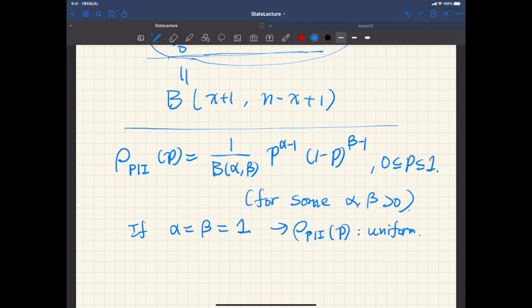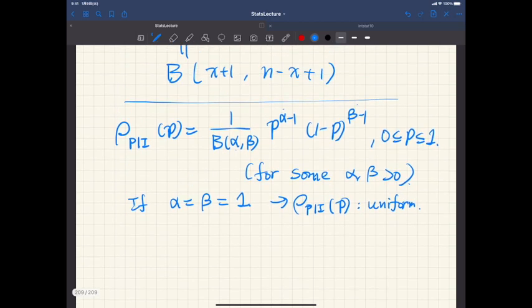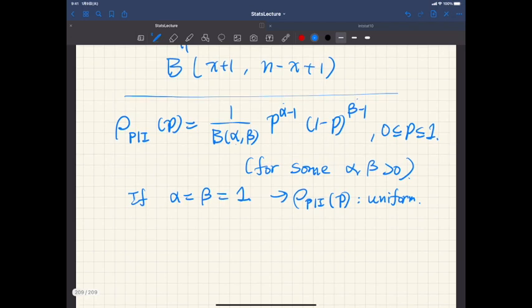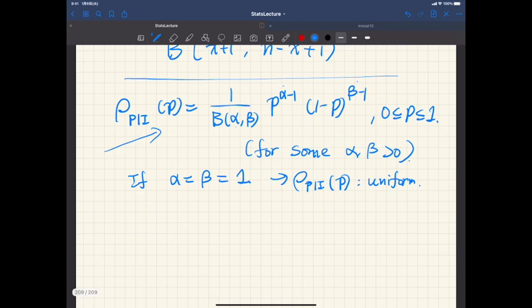If you put alpha 1, beta 1, those exponents are 0, so this is just a constant, and you can show that beta of 1 and 1 is equal to 1, so it's a uniform distribution between 0 and 1. But anyway, instead of the uniform distribution, let's use this general beta distribution for the prior. In that case, we have the posterior probability as this.